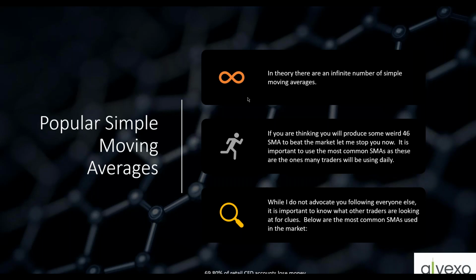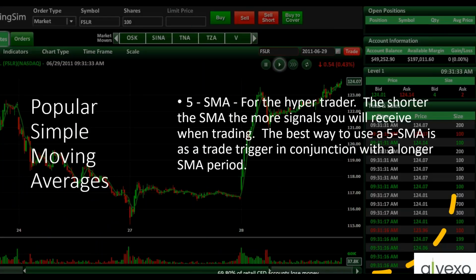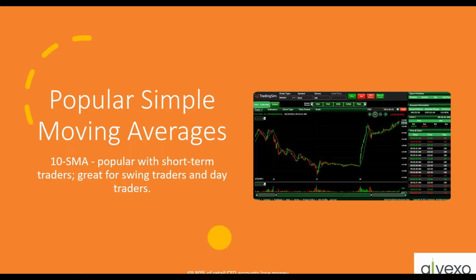Now, while I don't advocate you follow everyone else, it's important to know that what other traders are looking at is clues. So the most popular for short-term or hyper traders, if you're trading in very short periods of time, is a 5-period moving average. But then the most popular is a 10-period.